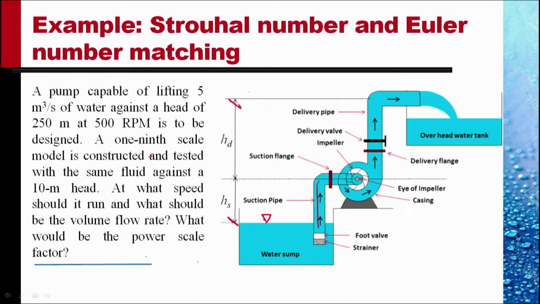A 1/9 scale model, KL is equal to 9, length of the prototype divided by length of the model is 9, is constructed and tested with the same fluid against a 10 meter head. So instead of 250 meter head, we deliver against a 10 meter head.